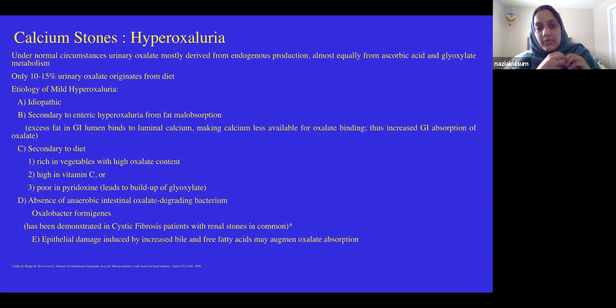This is one of the common reasons why they can develop kidney stones. And then lastly, if they have epithelial damage, especially when you have increased bile or free fatty acids, that causes inflammation in the GI tract, then you may absorb more oxalate.